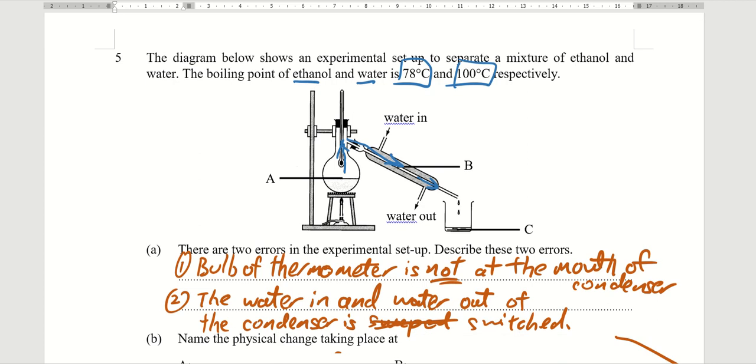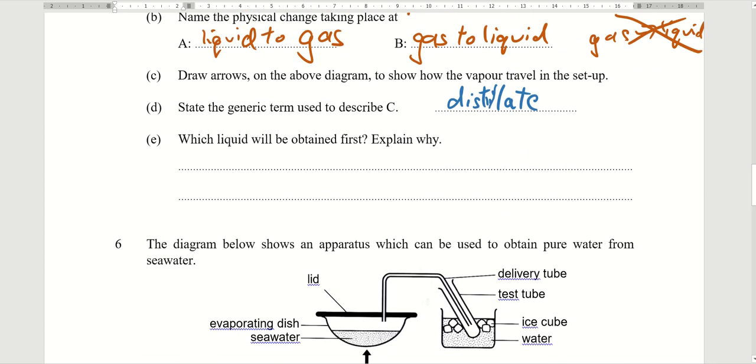Having said all that, my answer is already as what I've mentioned. Ethanol will be obtained first. Why will ethanol be obtained first?